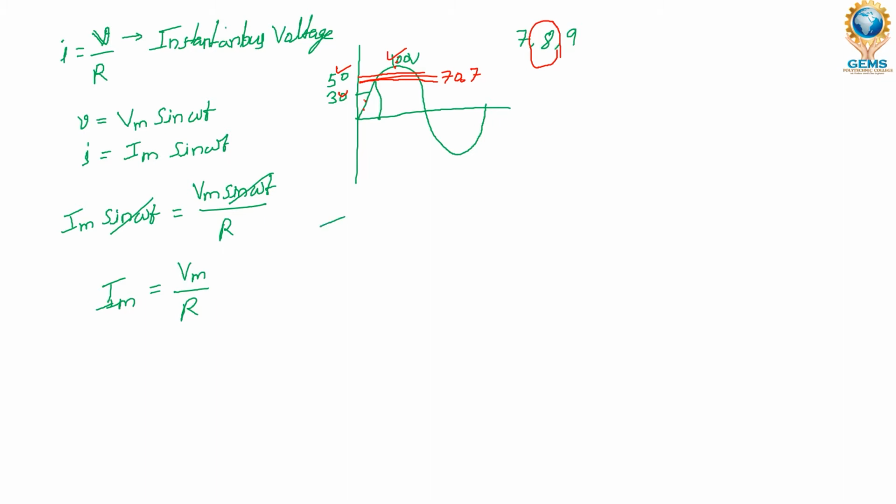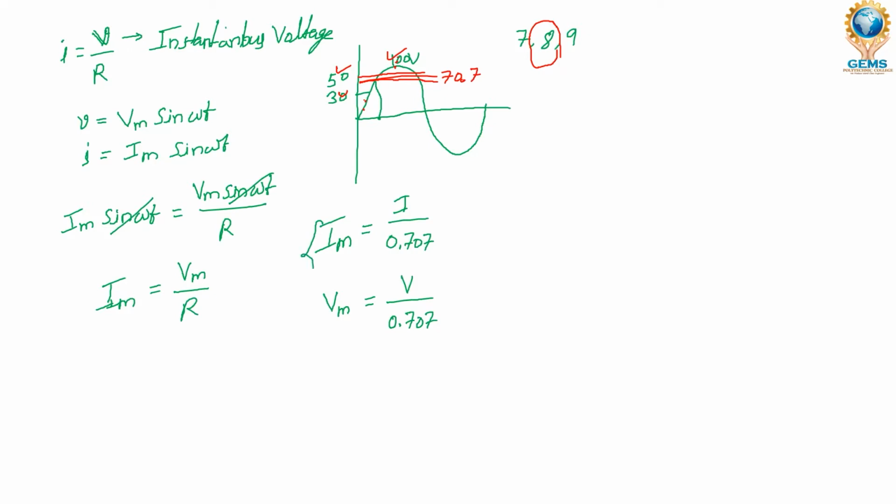I will write it here: Im equals I average by 0.707, and Vm equals V average by 0.707.